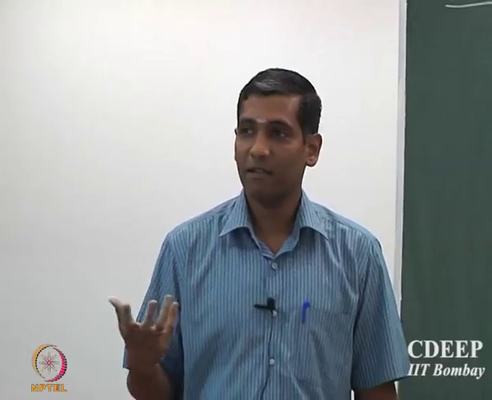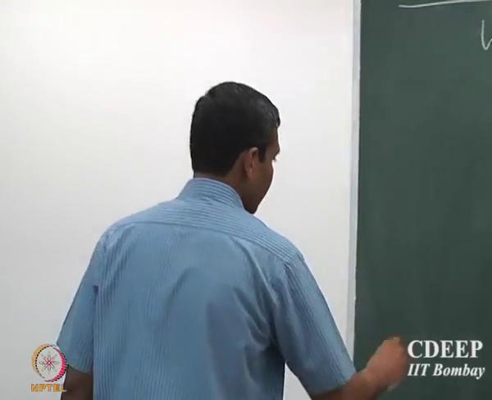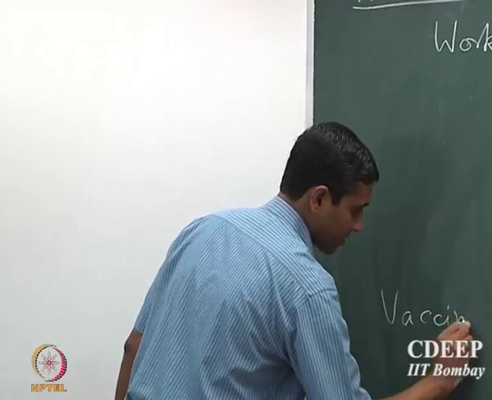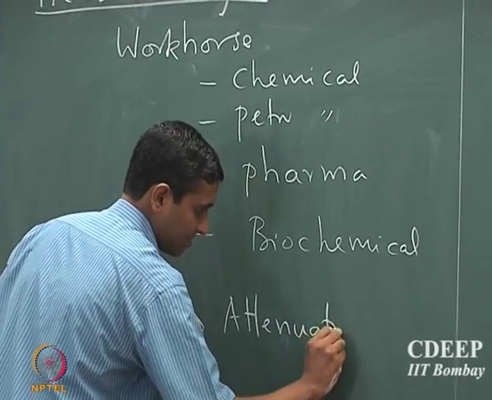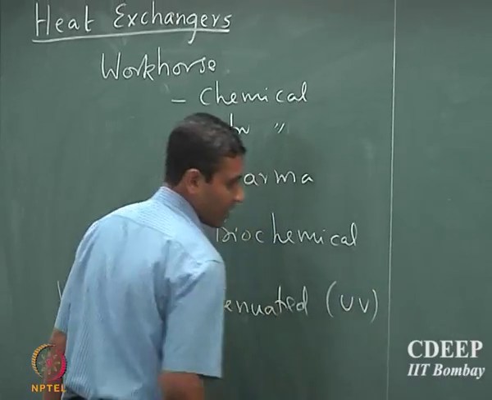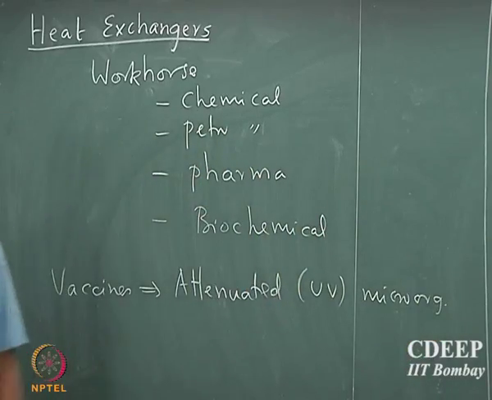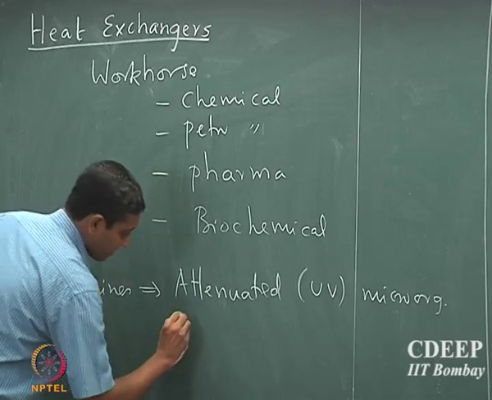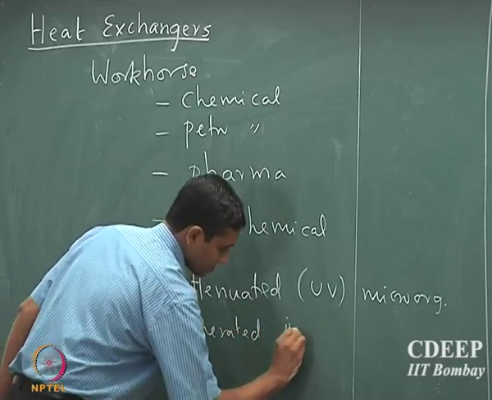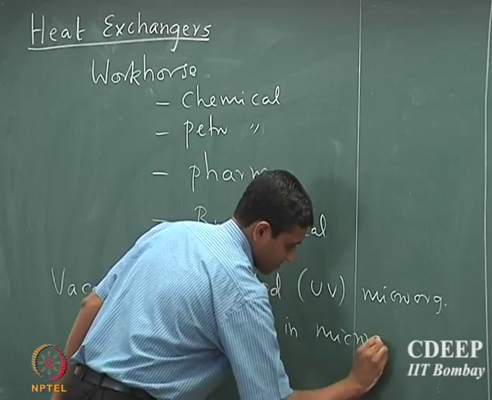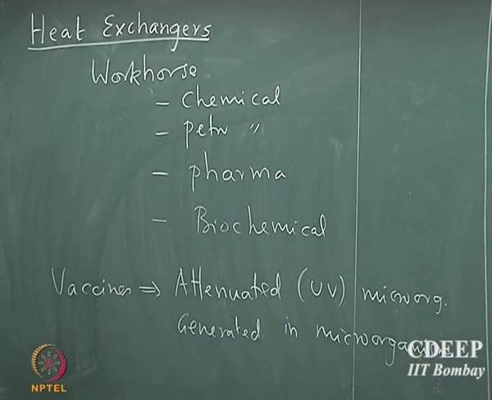Some vaccines are attenuated microorganisms. Okay. So some vaccines, they are attenuated, typically using ultraviolet radiation, microorganisms, and some vaccines are actually generated in microorganisms.